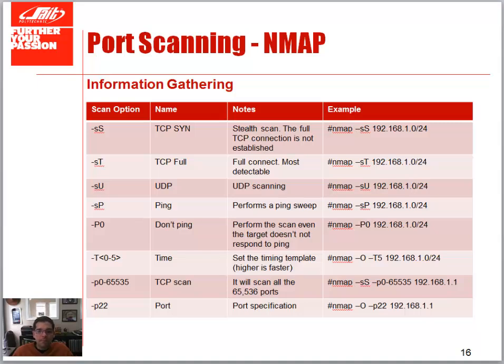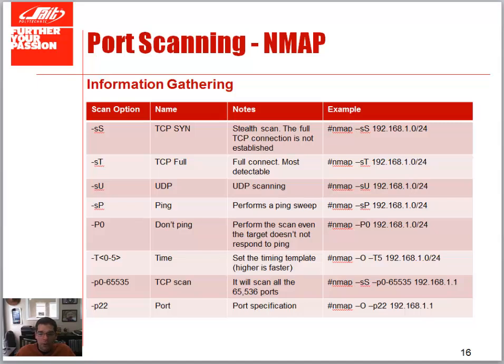So the first option is information gathering. I want you guys to open Backtrack and Fedora and play with those commands on Backtrack and Fedora. First, let's try all the commands that we see right here in Fedora.